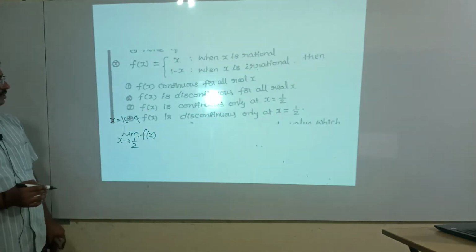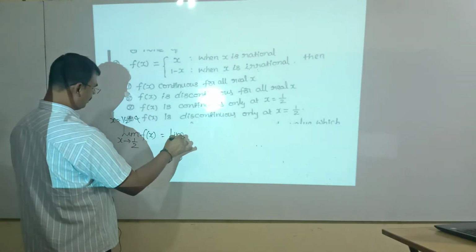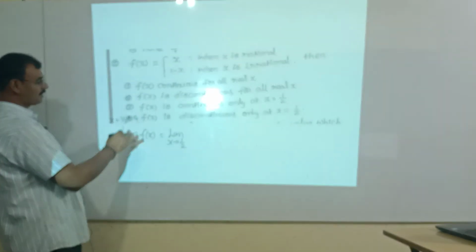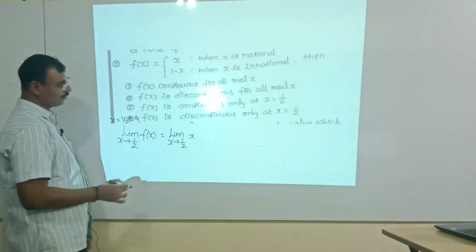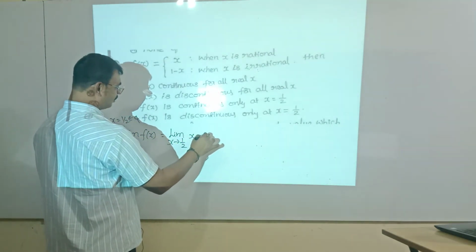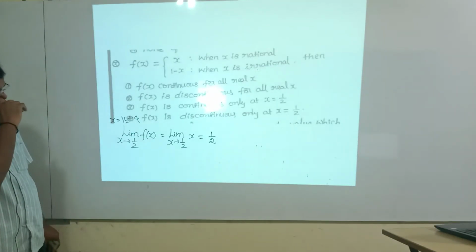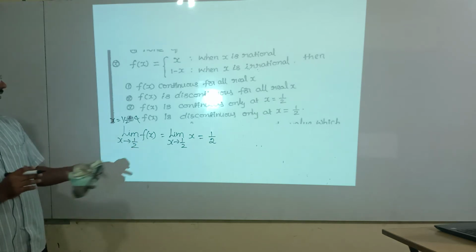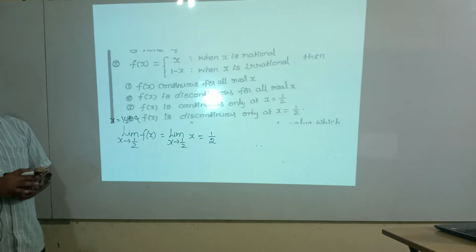As x approaches 1 by 2, what is the f of x value? If x is a rational number, what is the f of x value? That is x. This is equal to, apply the limit, 1 by 2. If you add something to a rational number, does it become a rational number? 1 by 2 plus something 0.